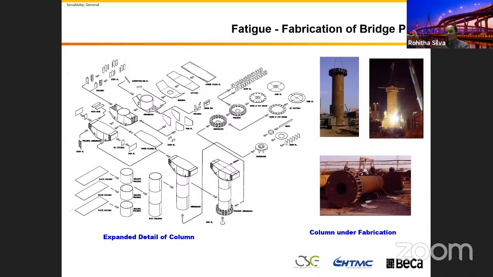Then the fatigue strength is 150 corresponding to 1 million cycles. So I compare the 150 MPa strength at 1 million cycles against my actual stress. It may be, let's say, 80, 90 or 120.